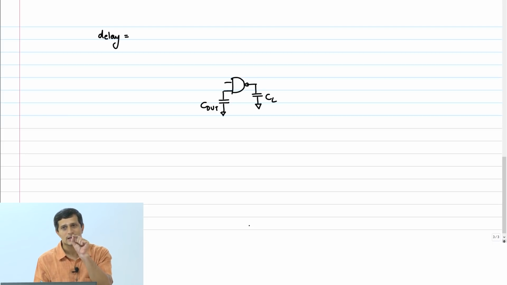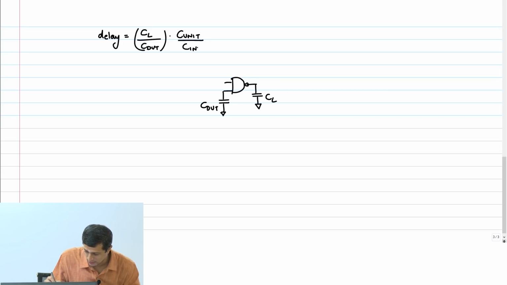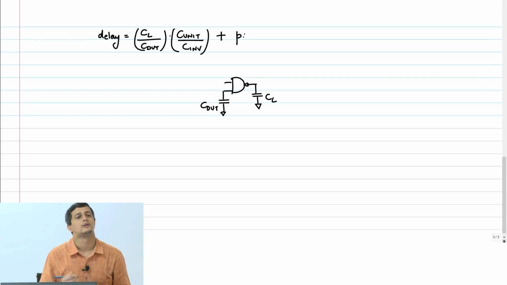That is the gate capacitance that it will present after upsizing and all that, not the unit gate's capacitance, what the gate actually presents in the circuit. So this we said we could write as CL by C DUT into C unit by C inverter, right, plus the parasitic delay P.